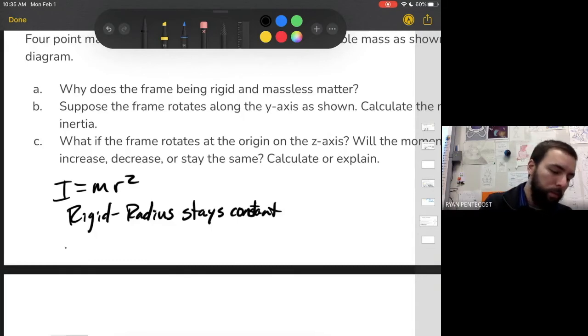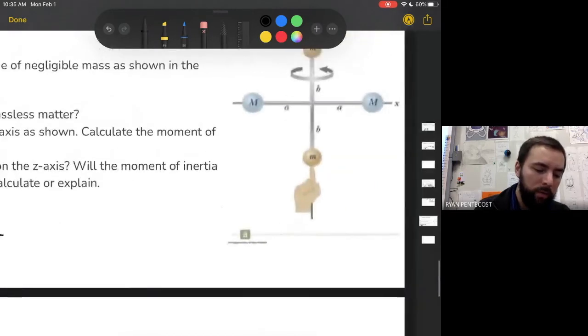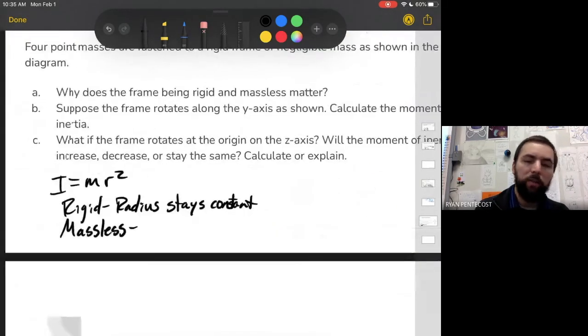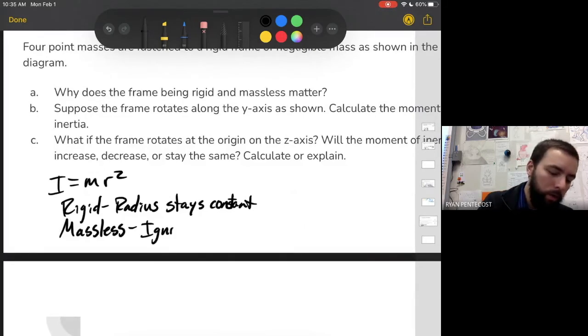If it's massless, that means that we don't have to consider the mass of the frame, right? It looks like a rod of some sort, so we don't have to consider the mass of the rods. We just need to worry about the particle masses, okay? So here, you can ignore the frame's mass.